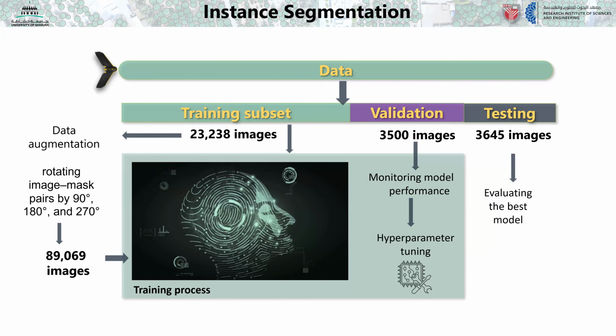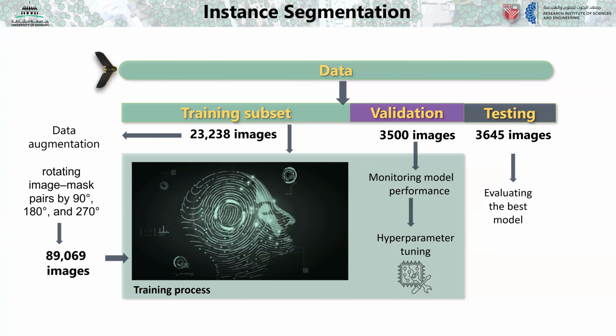Okay. So in terms of the training, the data set was divided into 3 sets. For the training, a set of 23,000 images was used to train the model, and 3,500 image tiles were used as validation to monitor the progress of the model and to optimize the hyperparameters.